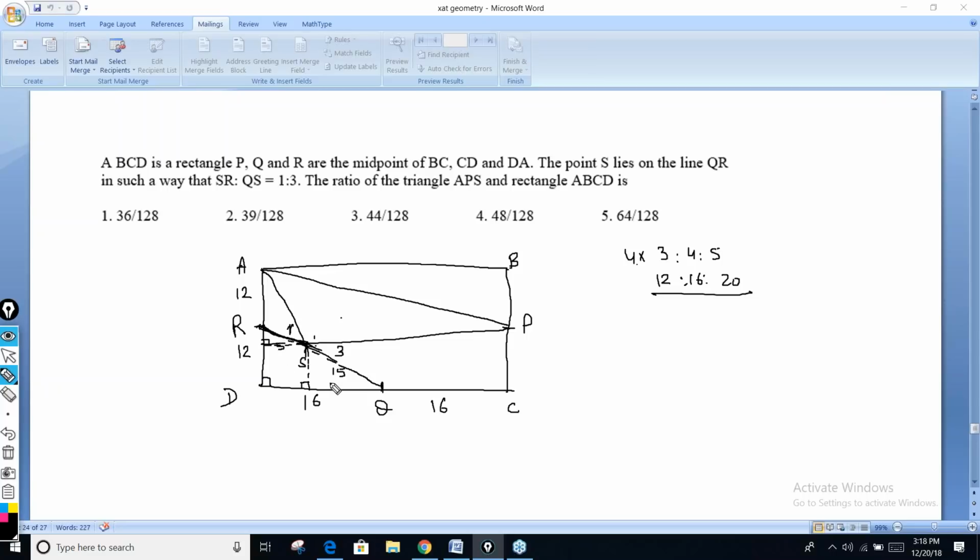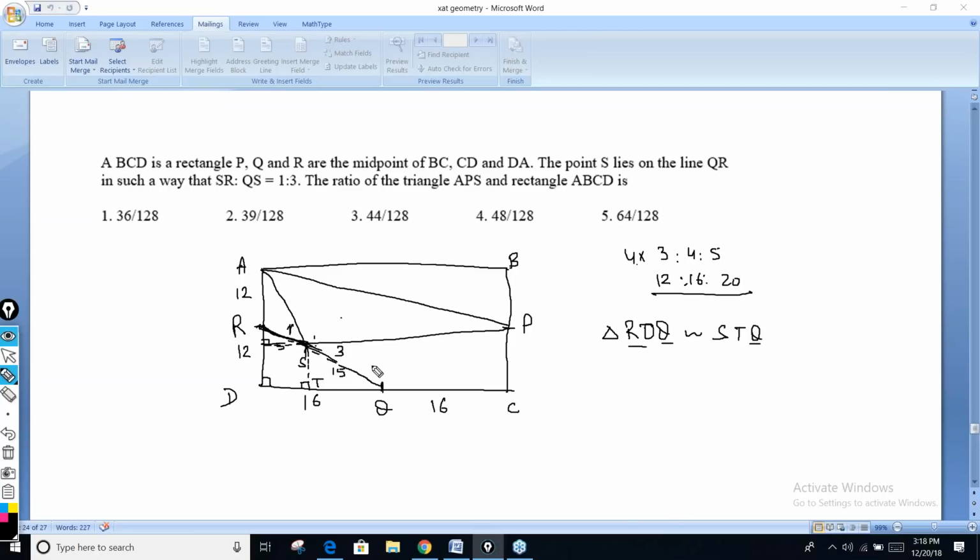Now can you see this small triangle and this bigger triangle? Let me name the points S, Q, T and R, D, Q. Can I say triangle RDQ is similar to triangle STQ, 90 degrees, and Q is common?